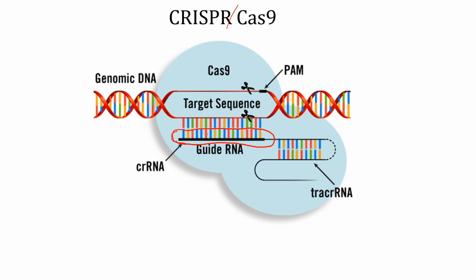So this is a powerful tool because on this particular complex here, the Cas9 complex, there's what's known as a guide RNA. And the guide RNA can be modified quite easily. And basically, when it's introduced into a cell, it will bind to its complementary sequence on the genome. And so if we can easily change the guide RNA, you can easily change where it is that this Cas9 complex is going to attach.